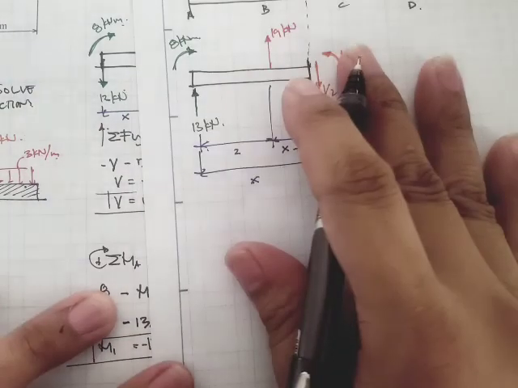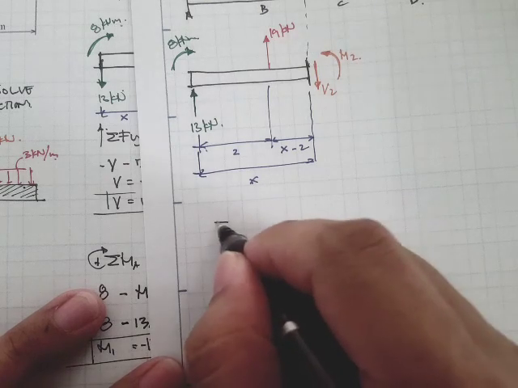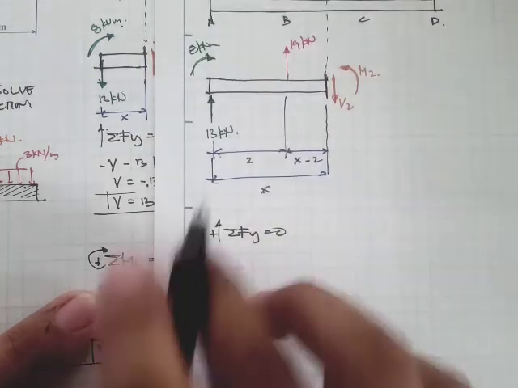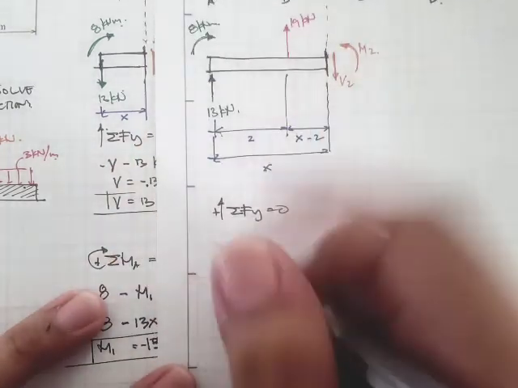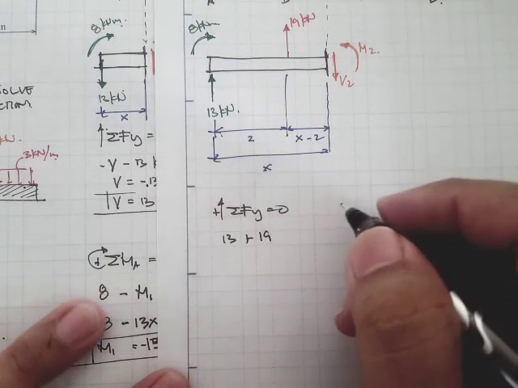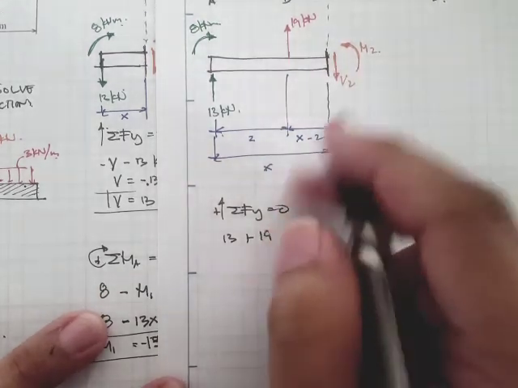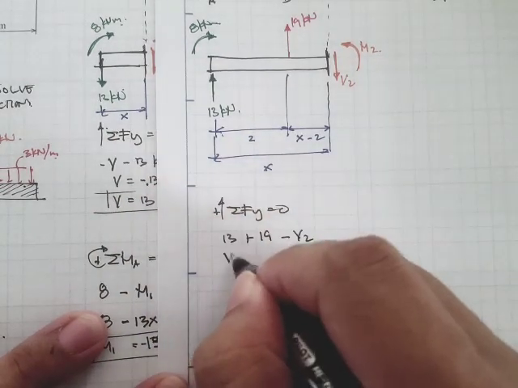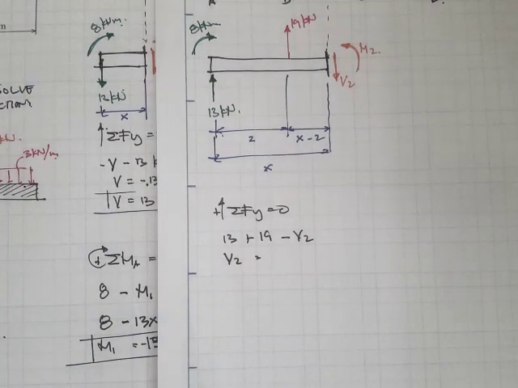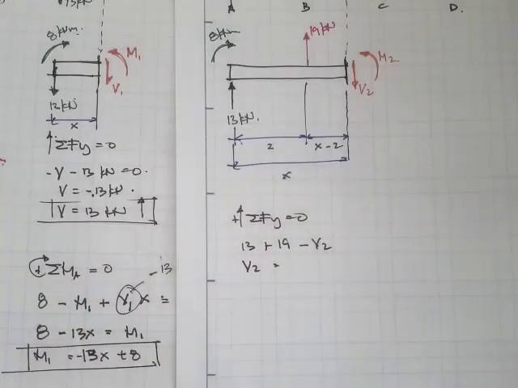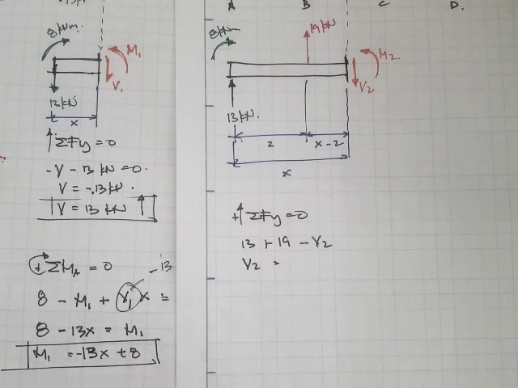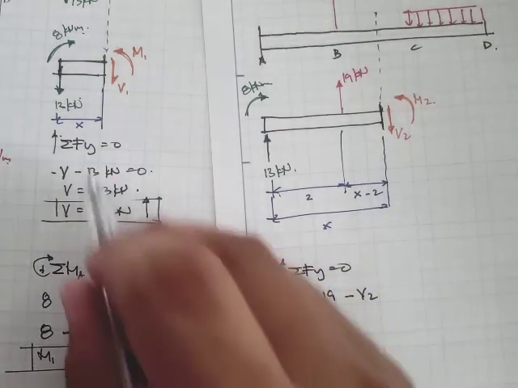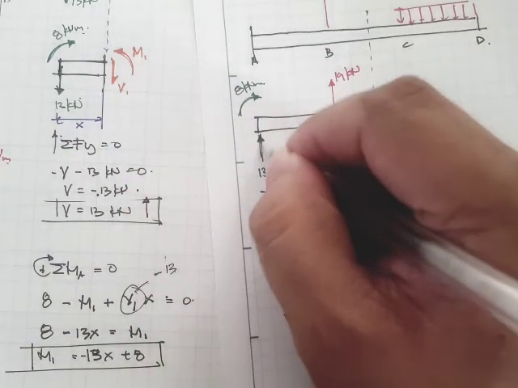Again we apply the equilibrium equation. Let's take summation of forces along y is equal to 0. All the forces are 13 plus 19, minus V sub 2. By the way, the reaction should be downward, right?